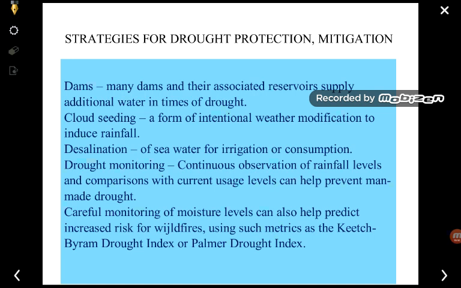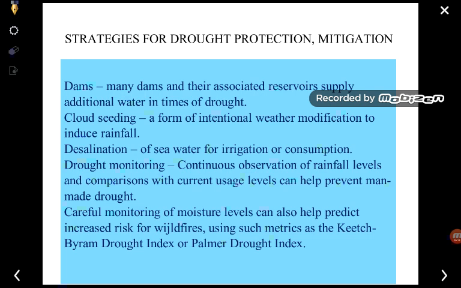So the amount of moisture, what was the amount of moisture during the wildfires? So if this data is recorded, then we can easily maintain the drought or mitigation measures that can be taken for the drought.